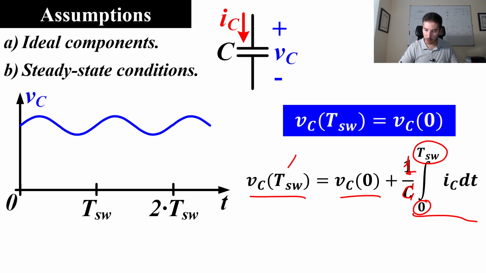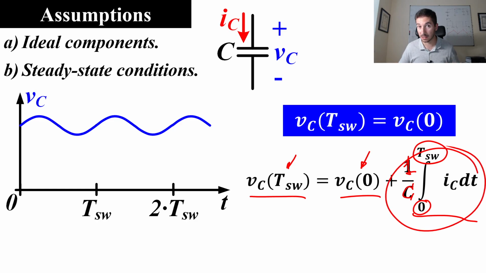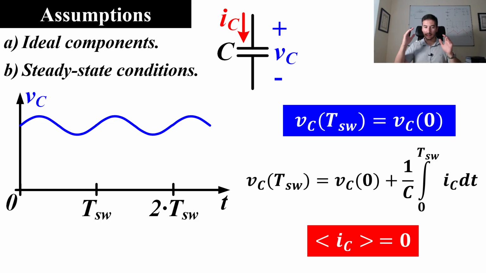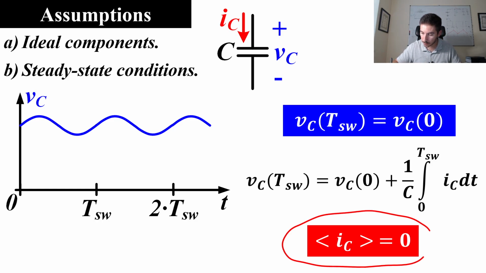If this voltage is equal to this one, this part must be 0. So in this way, we can say that in steady state conditions, the average current through capacitors is 0. This principle is very important and is known as capacitor charge balance.